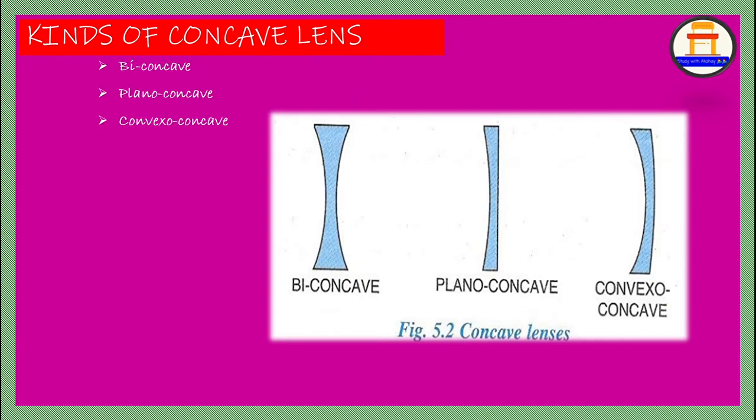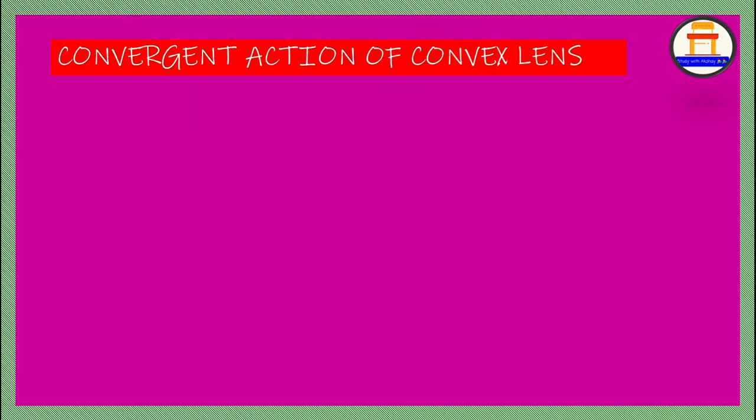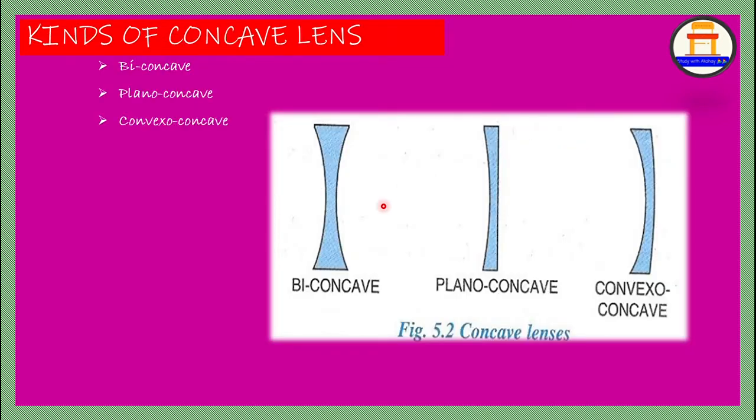Kinds of concave lens: biconcave, plano-concave and convexo-concave. Let's see the diagram. Here we have biconcave, plano-concave, convexo-concave. In a biconcave, both sides are concave. Plano-concave: one side plane, the other side concave.